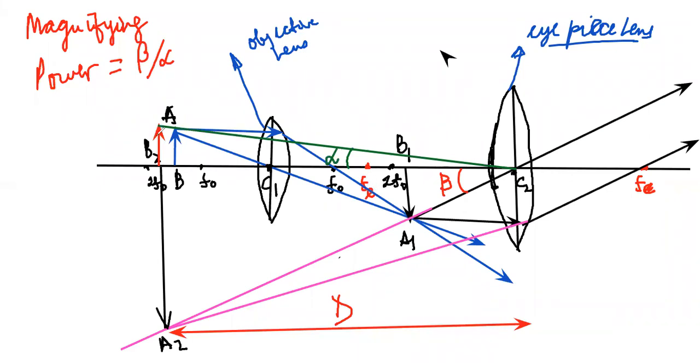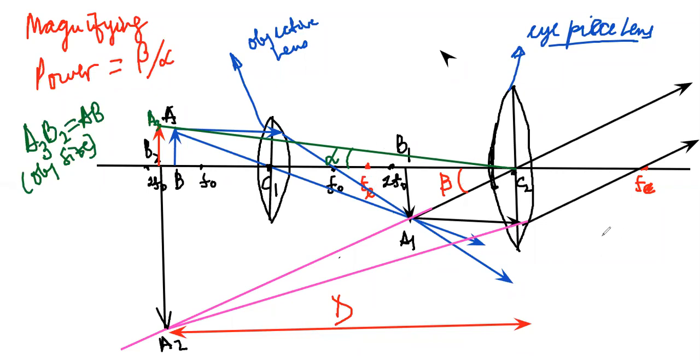In the diagram, if I consider this point to be A3, then over here I can obviously say that A3 B2 is equal to AB, which is basically the object size. So the angle made by A3 B2 with the optical center of the eyepiece is actually alpha.